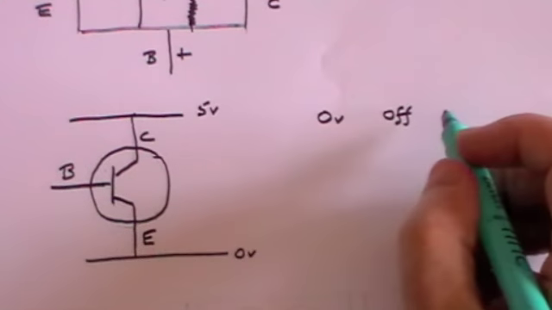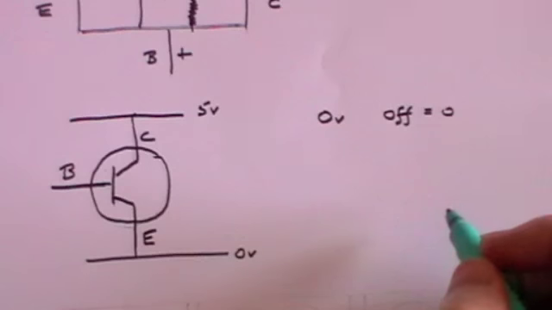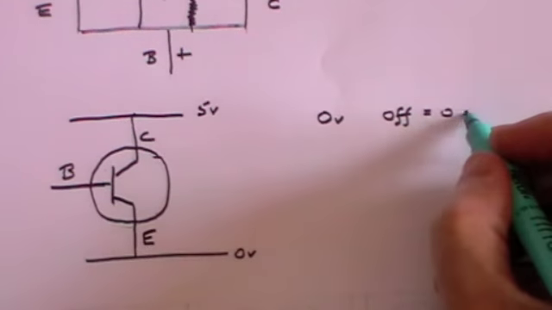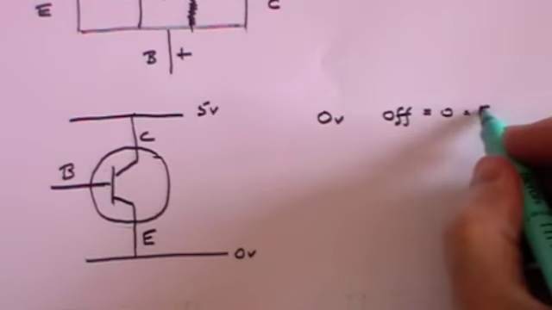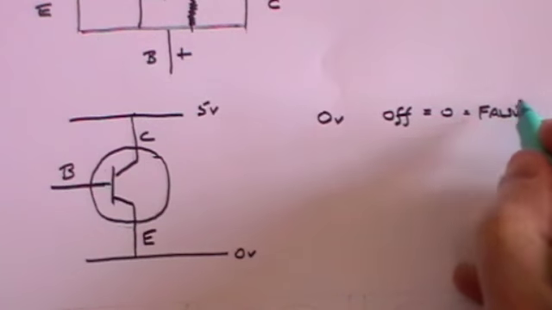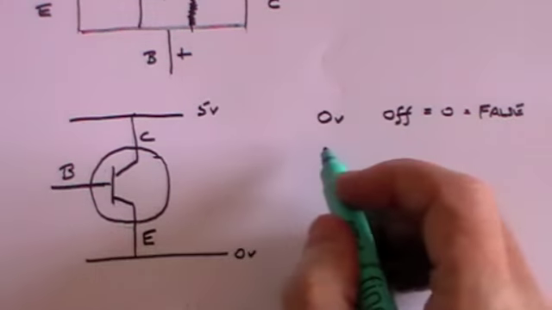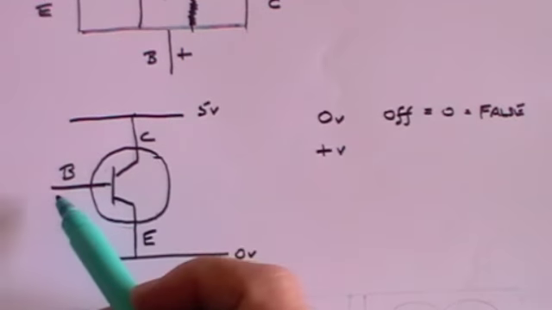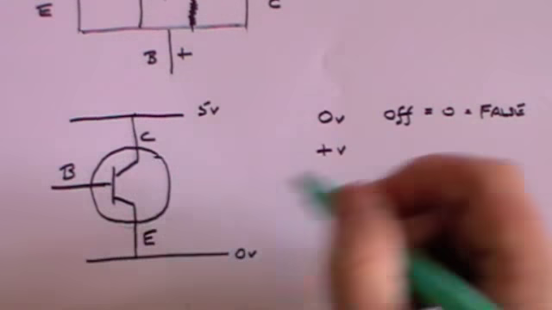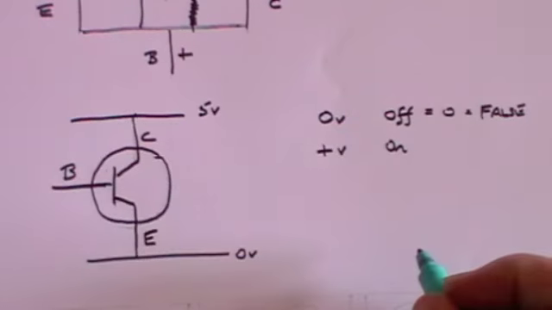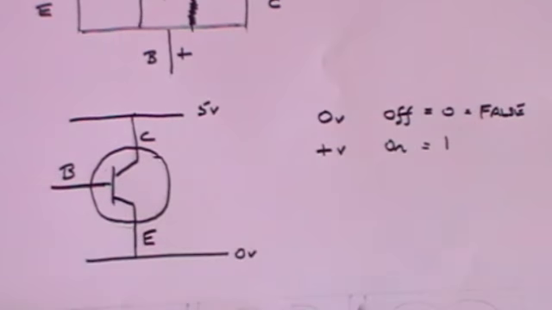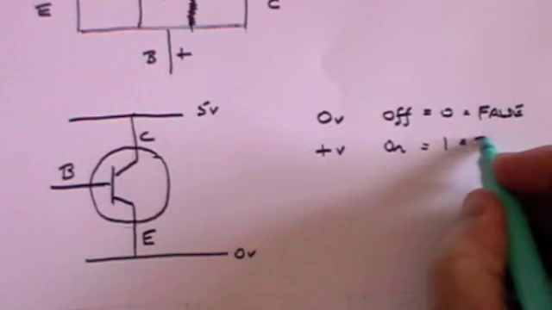And that is often given the symbol 0, or sometimes called false. On the other hand, if there is a positive voltage on the base, then the switch is on, and that is given the representation 1, or true.